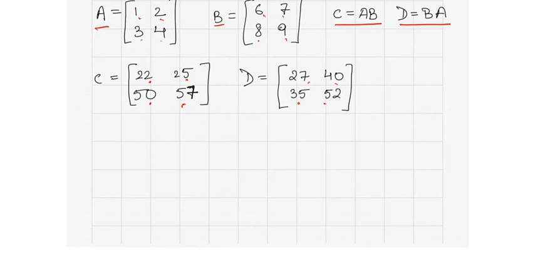We begin with row transformations and matrix A. So let's apply on matrix A the most simple row transformation, that is interchanging two rows. There are only two rows in matrix A, so we can only interchange row 1 and row 2, and that gives us the matrix 3, 4, 1, 2.